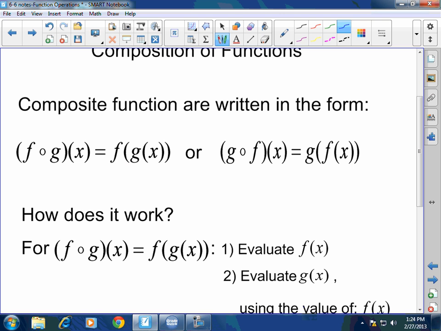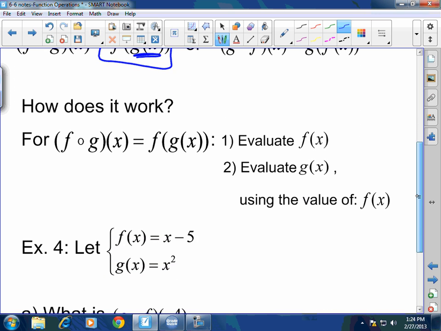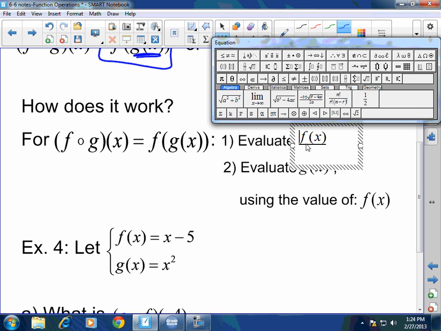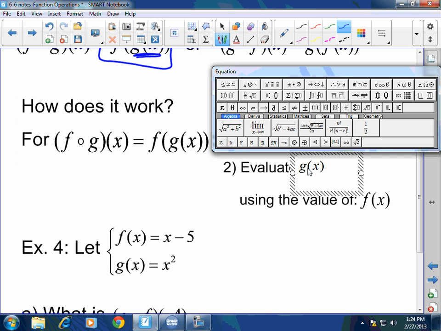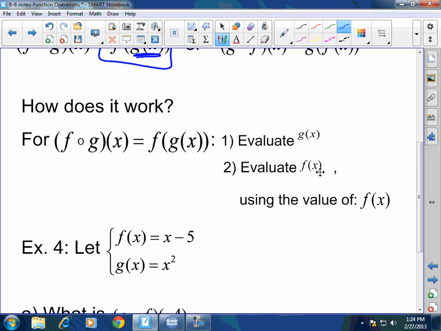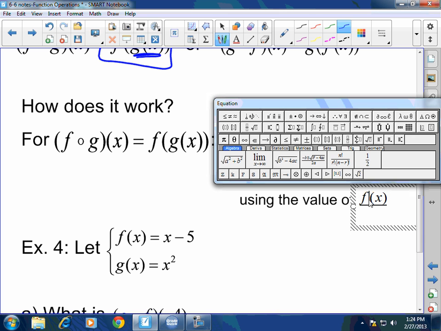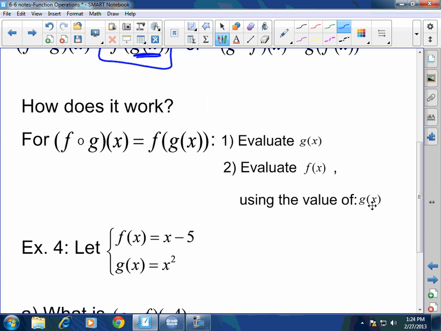You first have to evaluate the inside, then the outside. That's why it says down here, how does it work? Well, if I have fog of x, it's f of g of x. I first evaluate, actually that's wrong. You first evaluate g of x, and then you evaluate f of x, sorry, using the value you got in g of x.